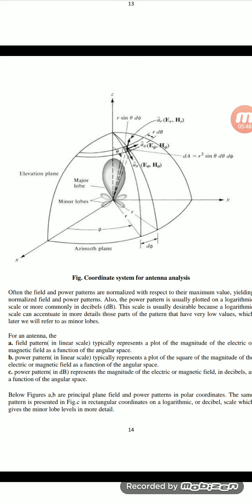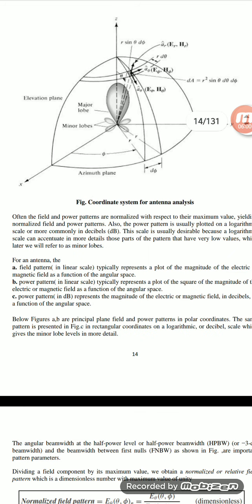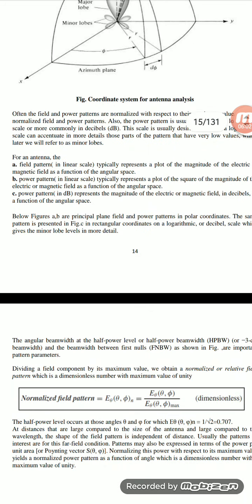That is r sine theta d phi, the angular elements of the x, y, z axes. In the antenna analysis, the normalized field pattern is E theta of theta comma phi, where n means the number of parameters.